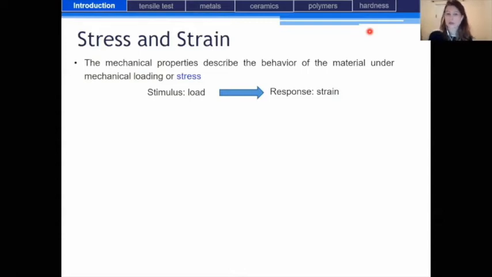So we are going to see the relationship between loading and strain. The stimulus that is applied on the material is a specific load that we define, and the response that is registered is a strain. Or the contrary, we apply a specific strain or deformation, and we record the load.